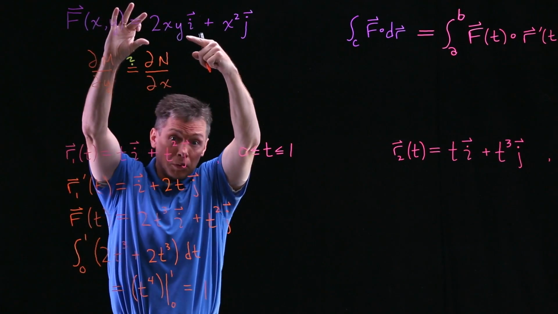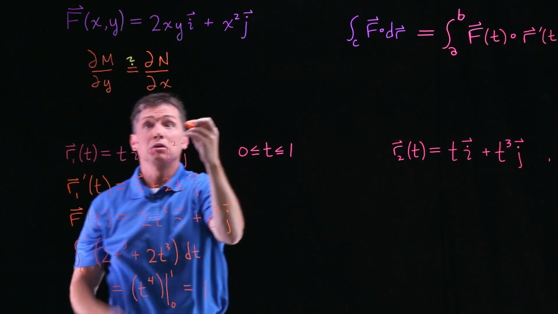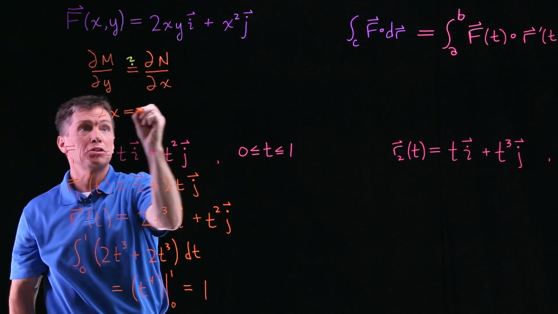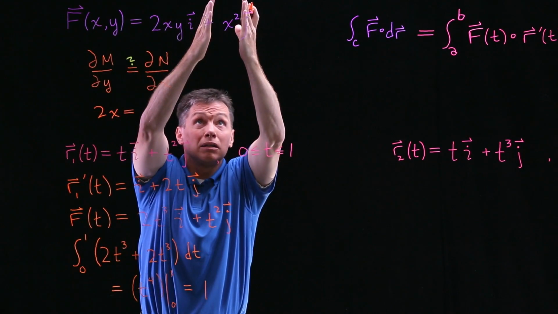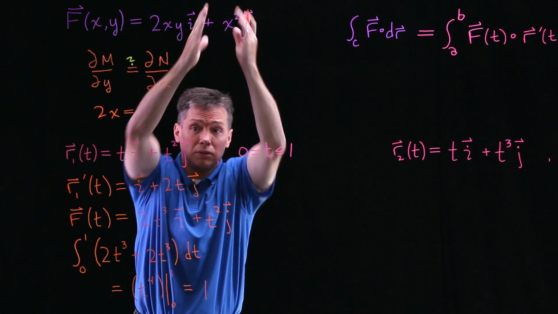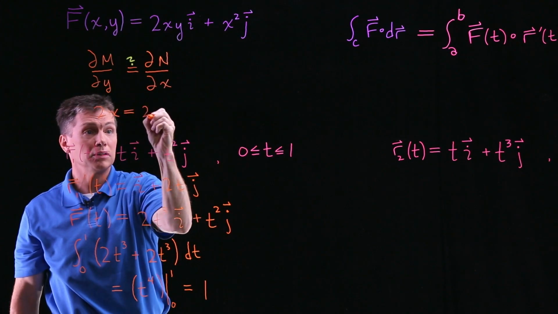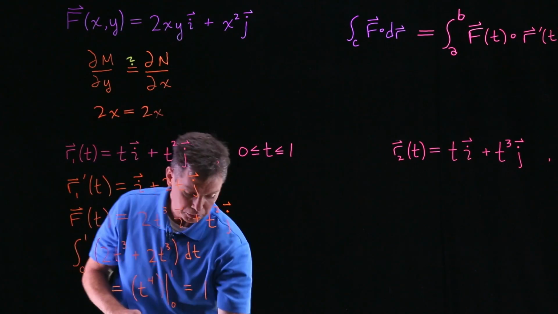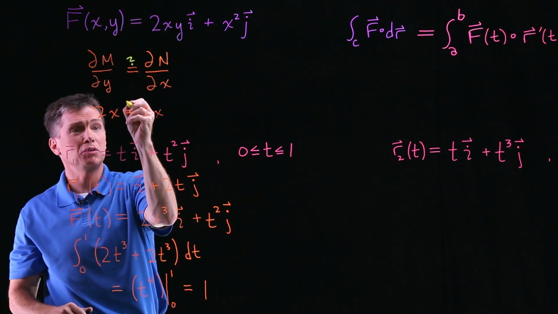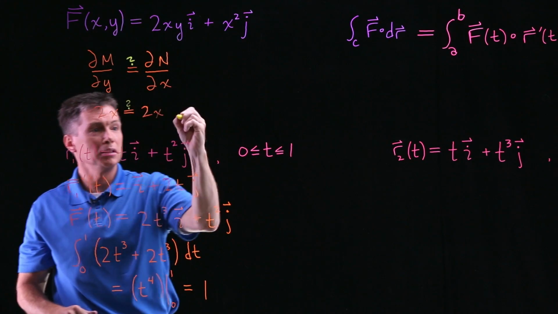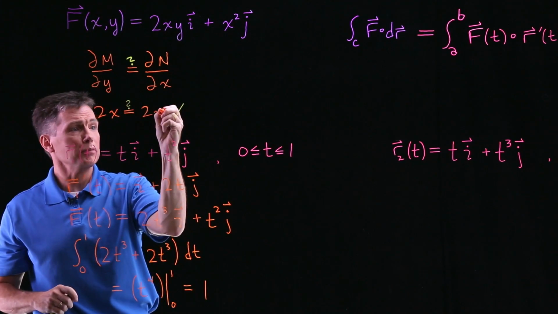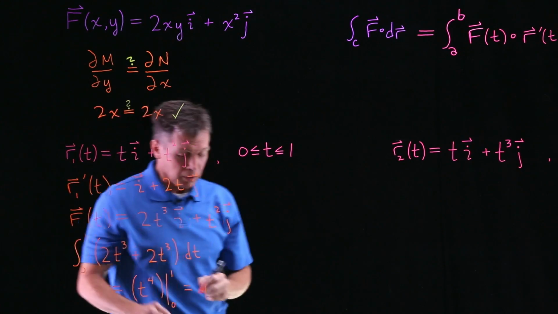Partial of M here with respect to y is just going to be 2x. Partial of N with respect to x is also 2x. So do those equal each other? Well, obviously yes. The answer is yes. Let me make that a little bit neater.